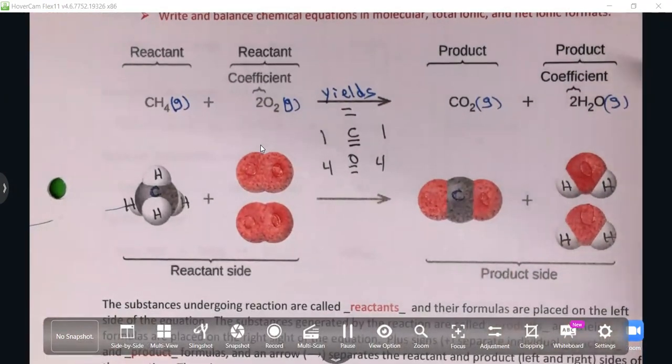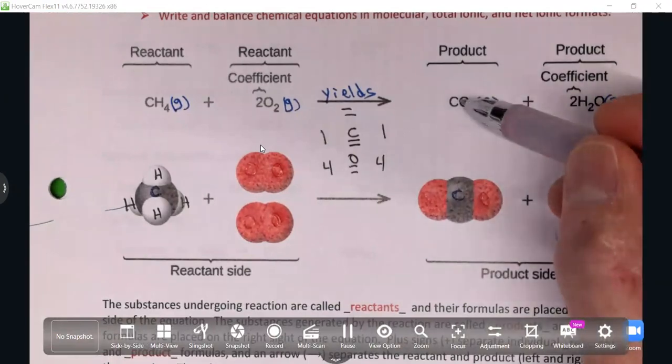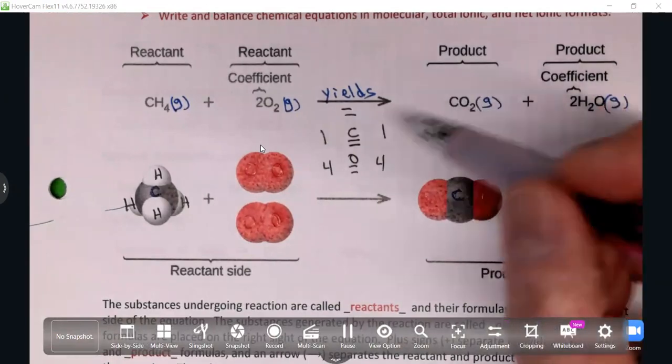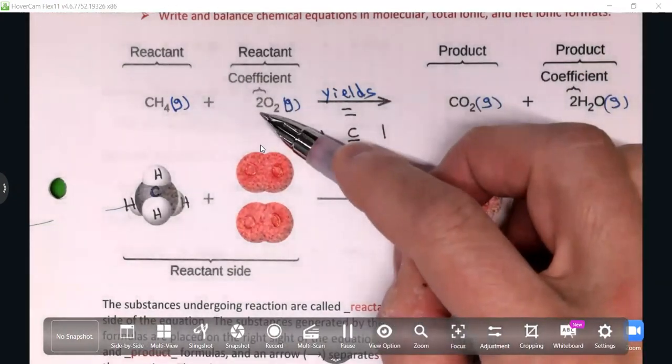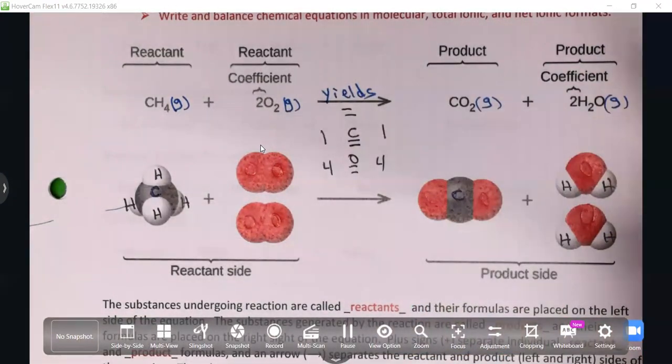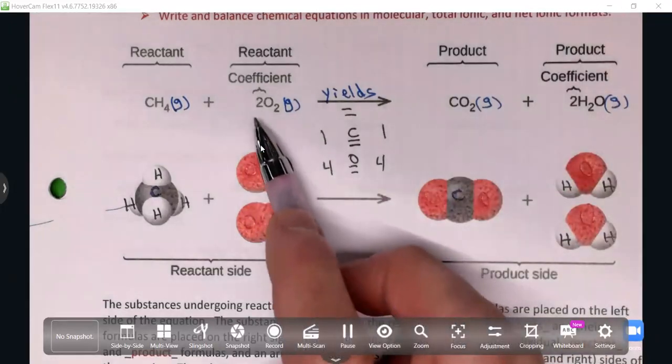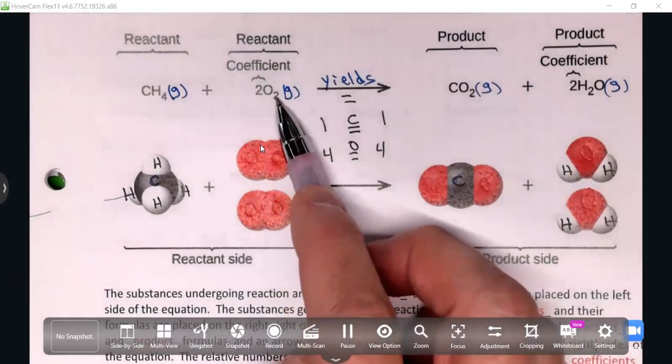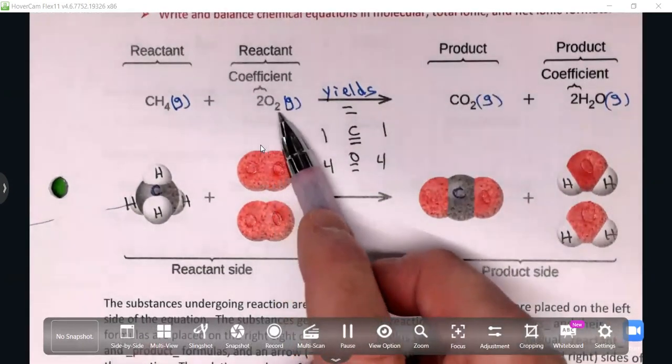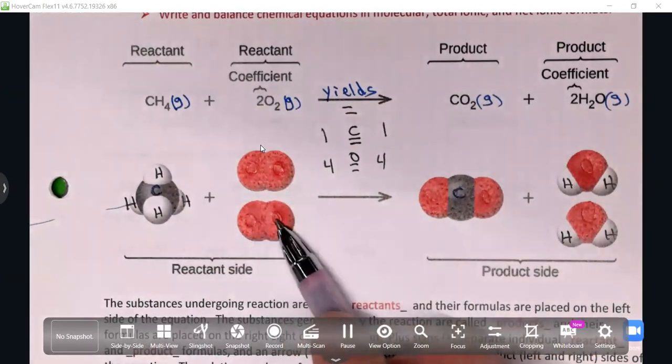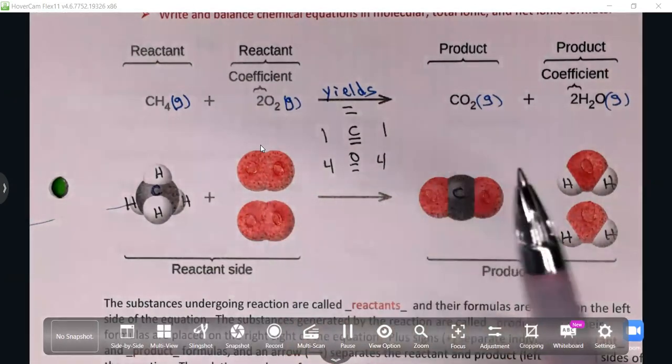Now, we do not put numbers in between here. The coefficients go perfectly in front. And to get the total atoms, you always multiply. Like this right here means you have 2 O2s, or 2 times 2, you get 4, right? We're always multiplying.